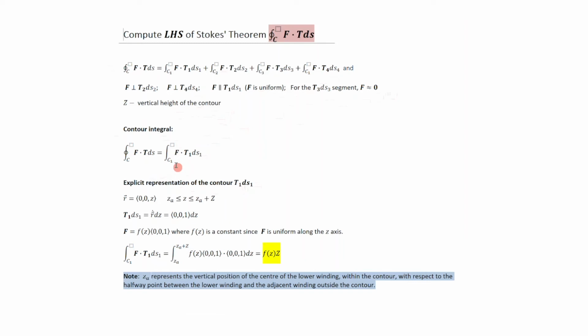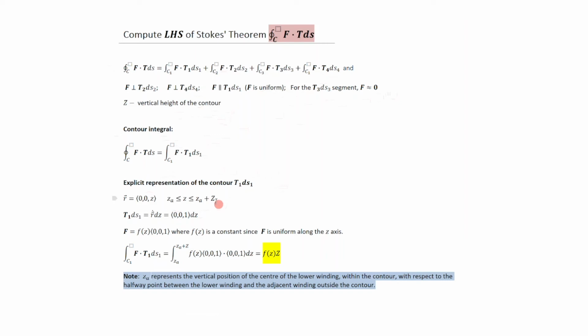All right, so we just need to now do an explicit representation of the contour, because we know that it's basically just a vertical line, and so the position vector would just be 0, 0, z from some lower limit za to some upper limit za plus z. And so this za basically just refers to the distance between the reference point for periodicity to the first conductor, and this would be basically at some distance z later, which again would obey the notion of periodicity.